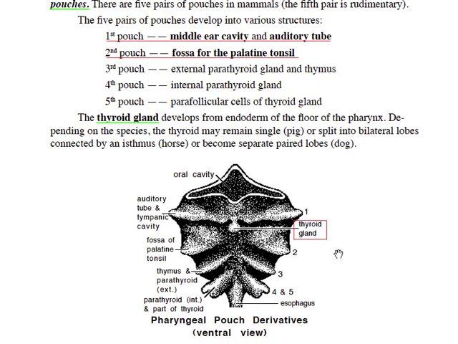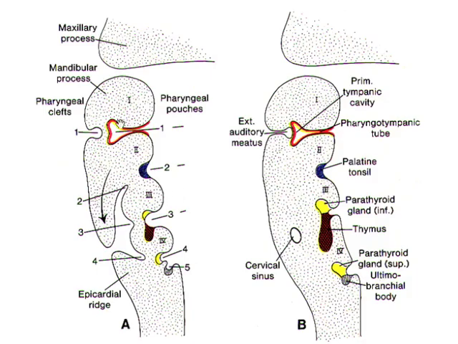This image shows a dorsal plane section through the left wall of the pharynx at early and later stages of development. The first and second pharyngeal arches are separated by the first pharyngeal pouch and the first pharyngeal cleft. The first pharyngeal pouch becomes the auditory tube and the middle ear.